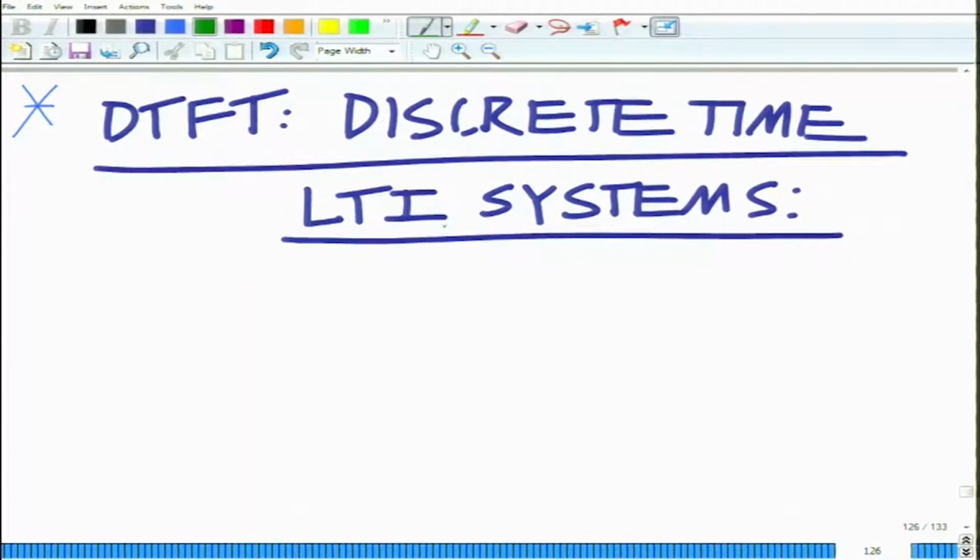We would like to look at it in terms of the frequency response of these discrete time LTI systems. Okay, what is the frequency response?